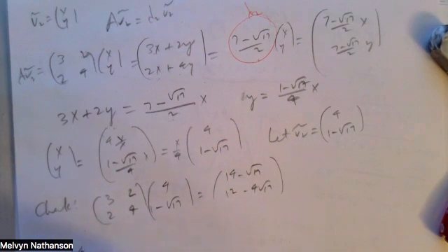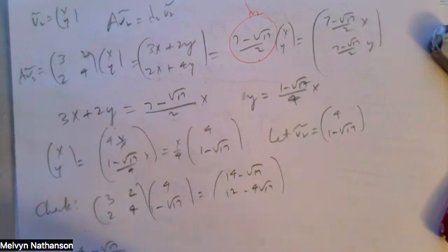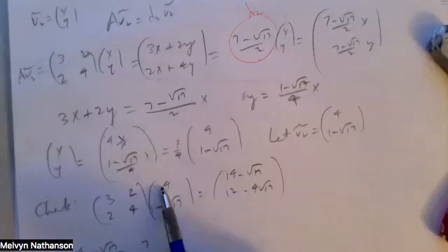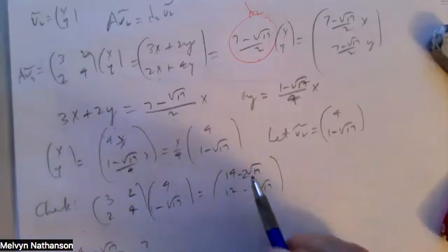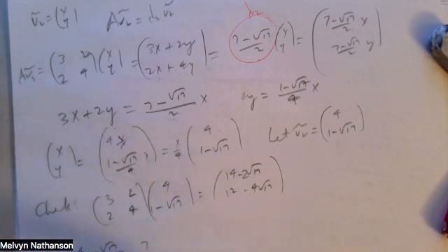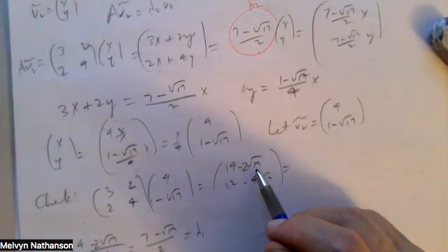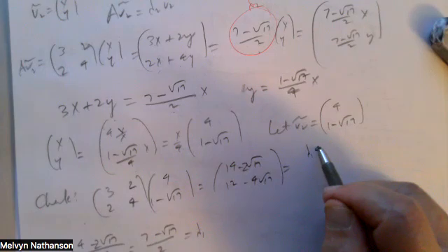If I take 14 minus 2 root 17 over 4, that's (7 minus root 17) over 2, which is lambda 2. So this 14 minus 2 root 17 is lambda 2 times 4.